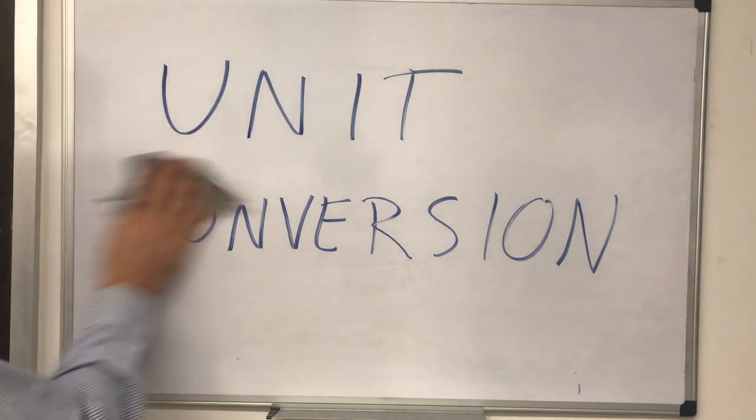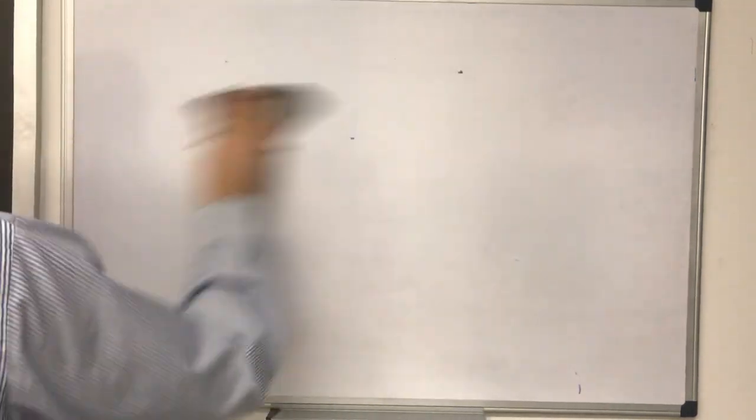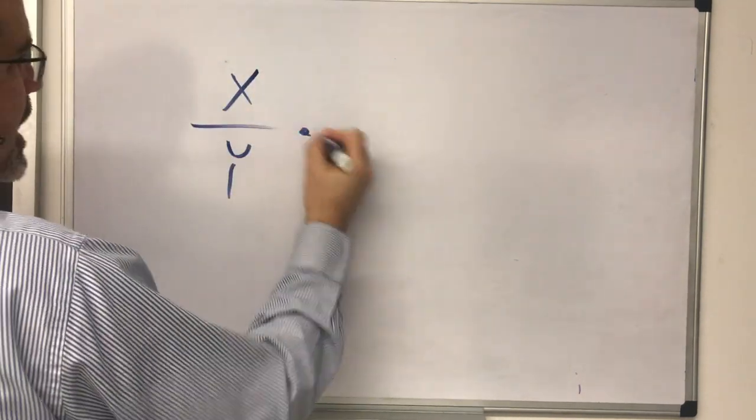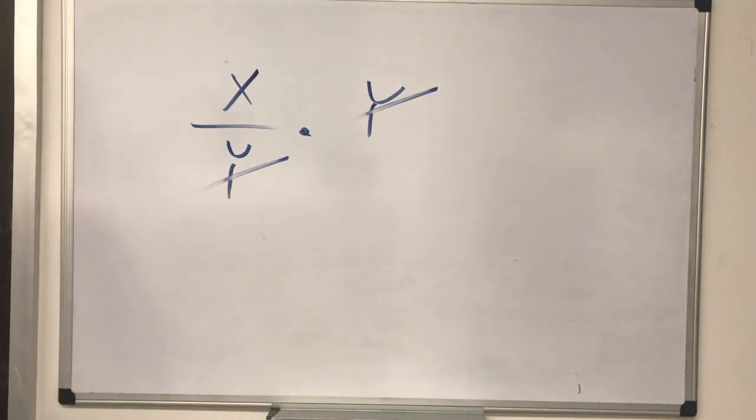There are two key insights that you need to understand to make this work. The first is that units are just like variables in algebra. Just like if I have x over y and I multiply it by y, I can cancel my y's.